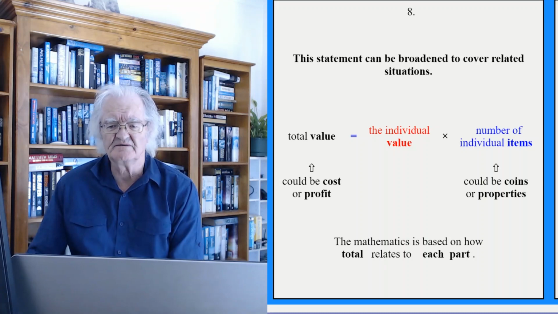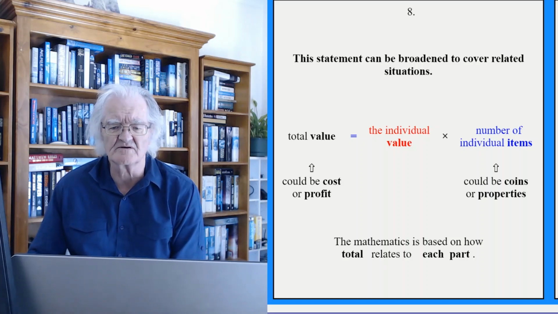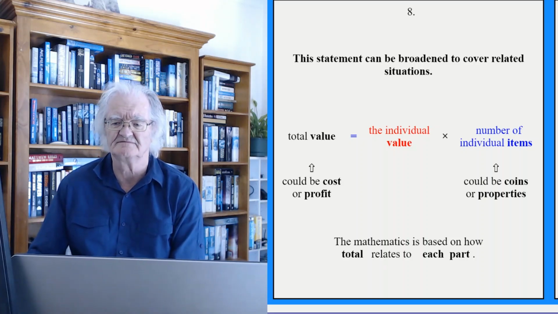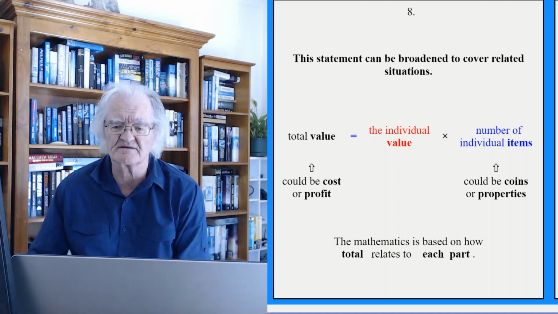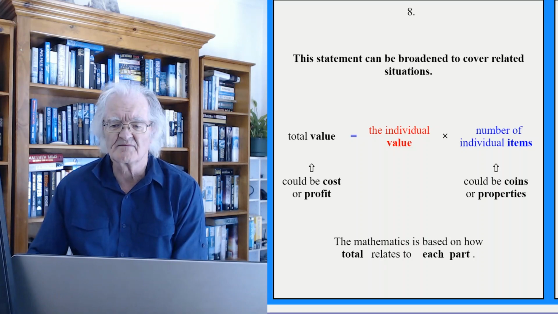Total value is the individual value multiplied by the number of items. It doesn't matter what you're getting a total for, it could be cost or profit. And the items could be coins or properties. The mathematics is based on how the total relates to each part.